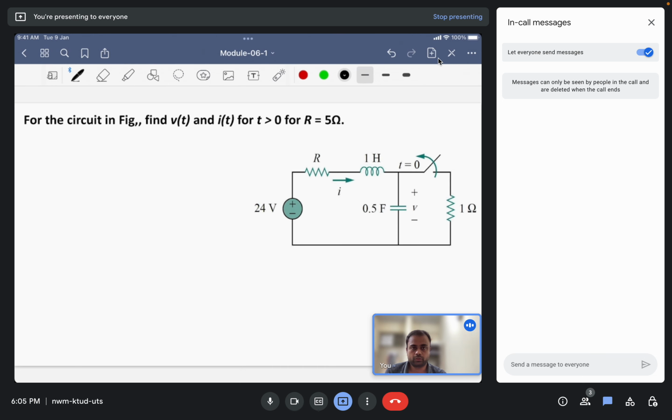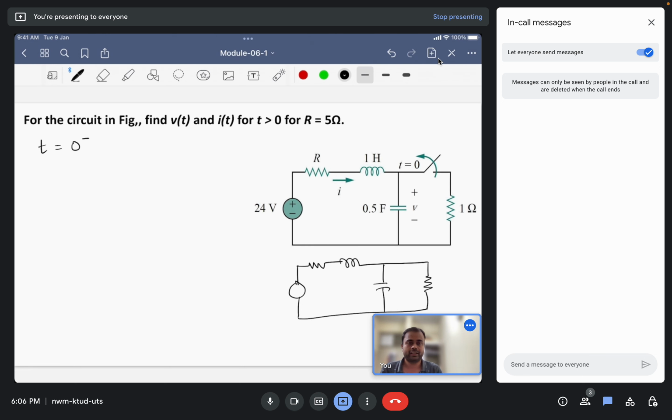First of all we have to look at the initial conditions, that is at t equals 0 minus, before the switch has been opened. Before the switch is opened, the circuit has a voltage source, a resistor R, an inductor, then the switch closed, and a 1 ohm resistor and a capacitor.